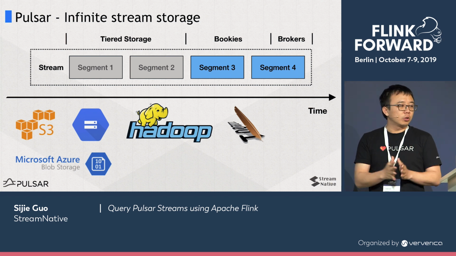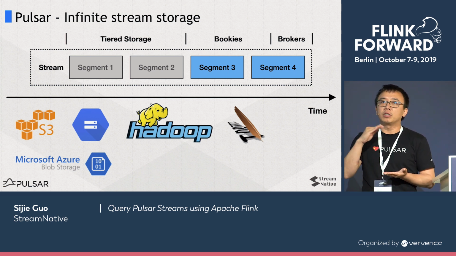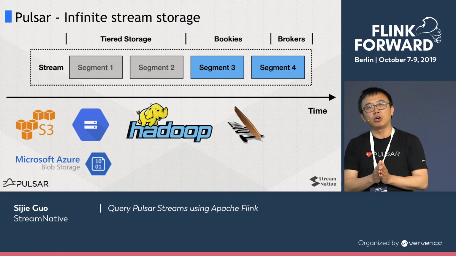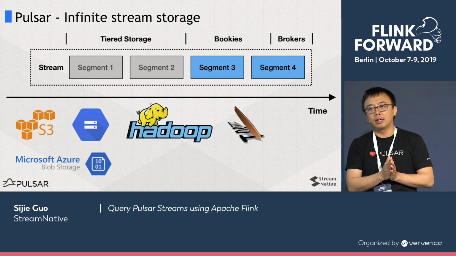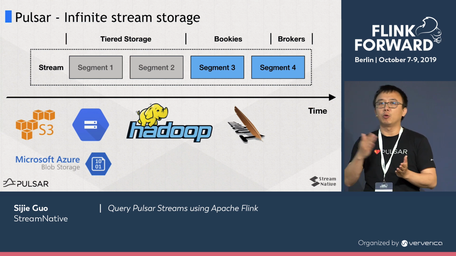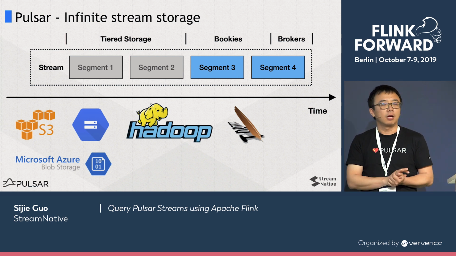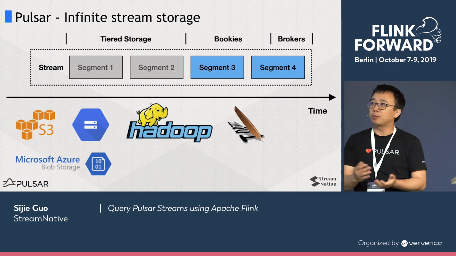So we introduced the concept of tiered storage. The latest data can be cached on your latest broker. The warm data can be kept in BookKeeper. And the old data will be automatically tiered into a tiered storage like S3, GCS, or Azure Blob Store.